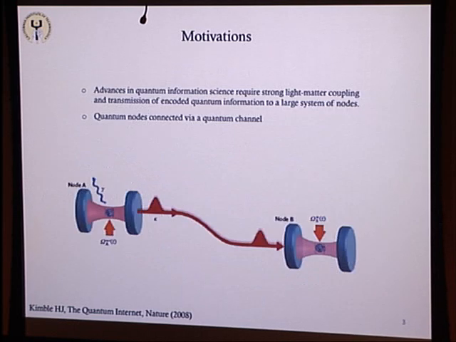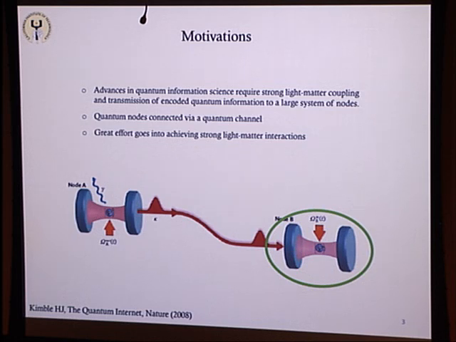Most of the advances in this field really come from getting strong atom-light interactions. That is, strongly interacting some kind of laser light with an atomic system, and then connecting the nodes that I described earlier using some inherently quantum channels. Here's an example of an atom inside a cavity, connected to another atom in another cavity somewhere further away by maybe some optical fiber or some kind of photonic channel to mediate this interaction.